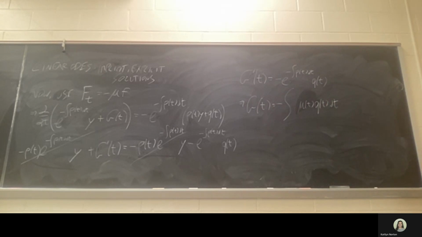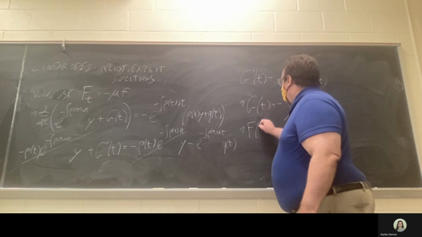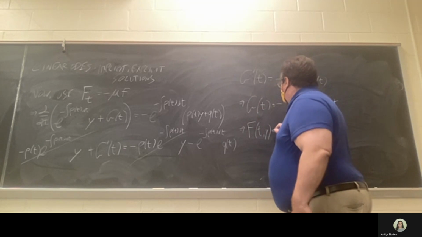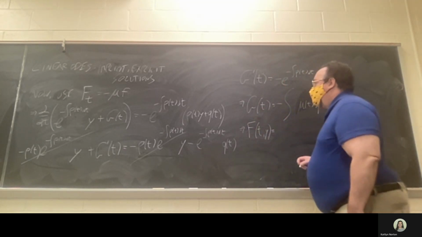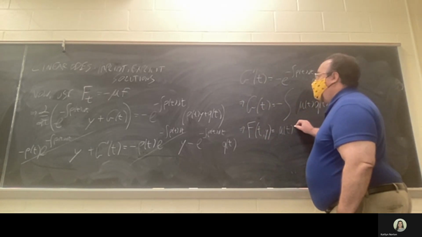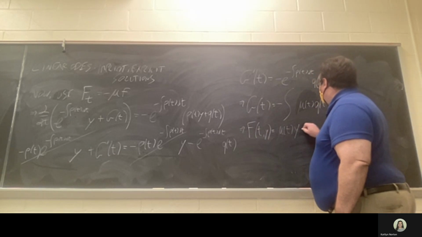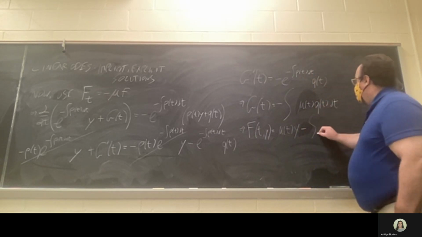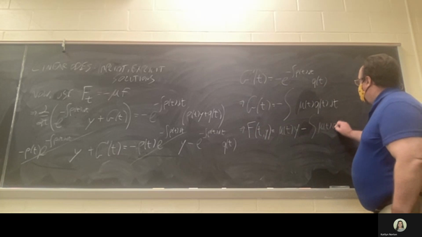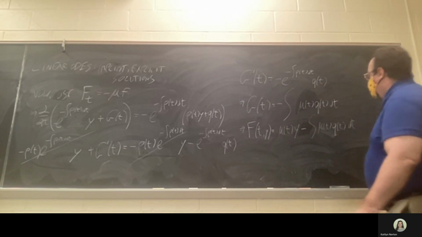So now capital F of t y is completely specified. Capital F of t y is equal to, again, mu of t y plus or minus the integral of mu of t q of t dt.